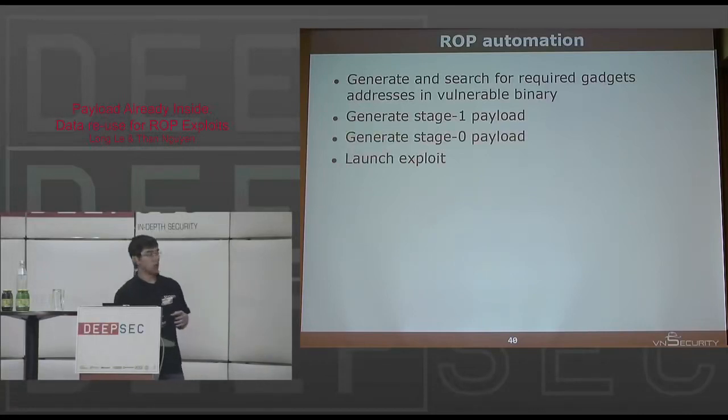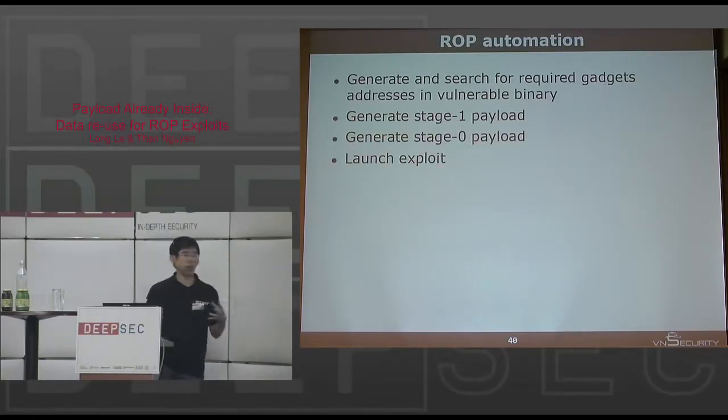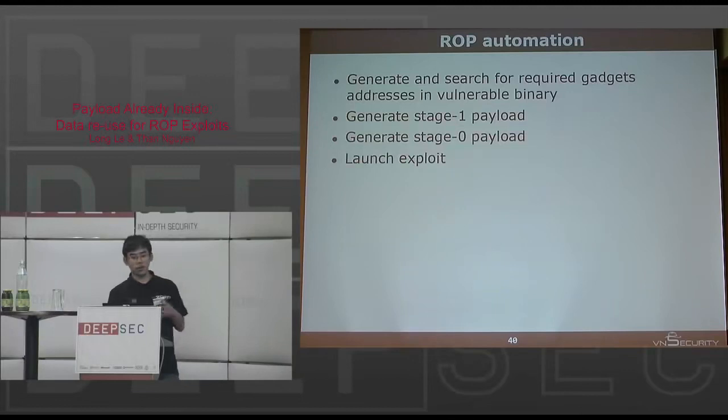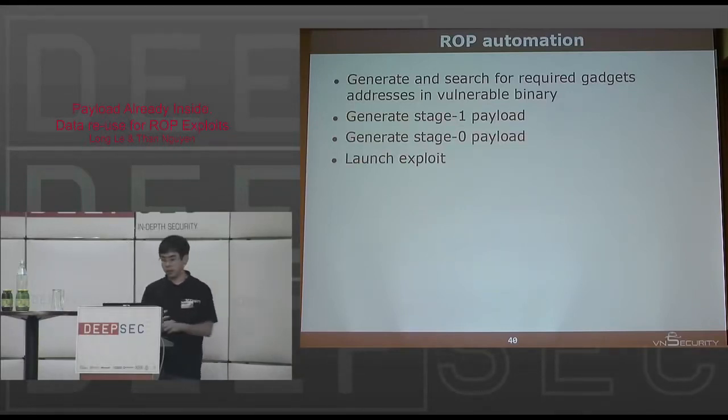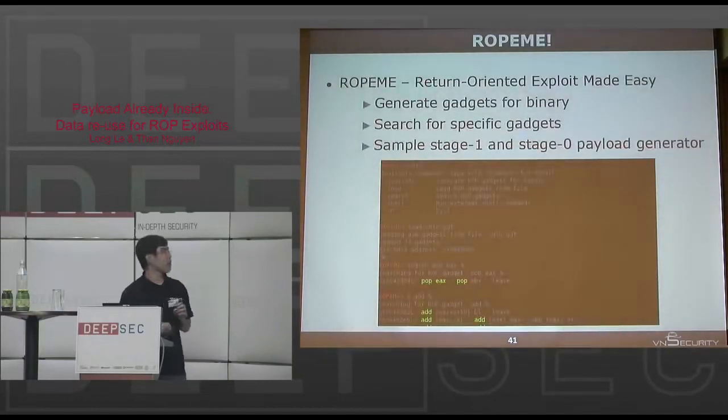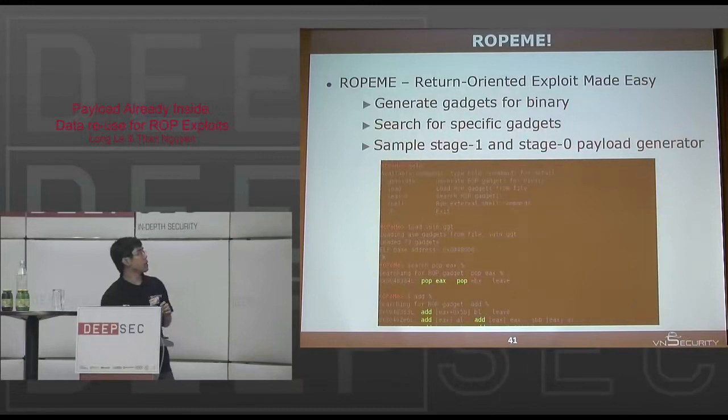So we're trying to have a tool that can help generate and search for the required gadgets, help you generate the stage 1 payload and the stage 0 payload, and load the exploit. We call it return-oriented exploit made easy.